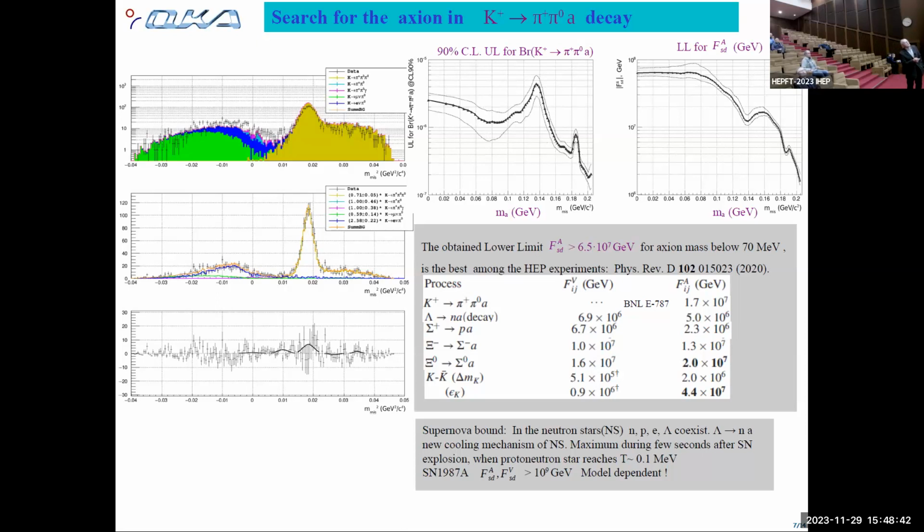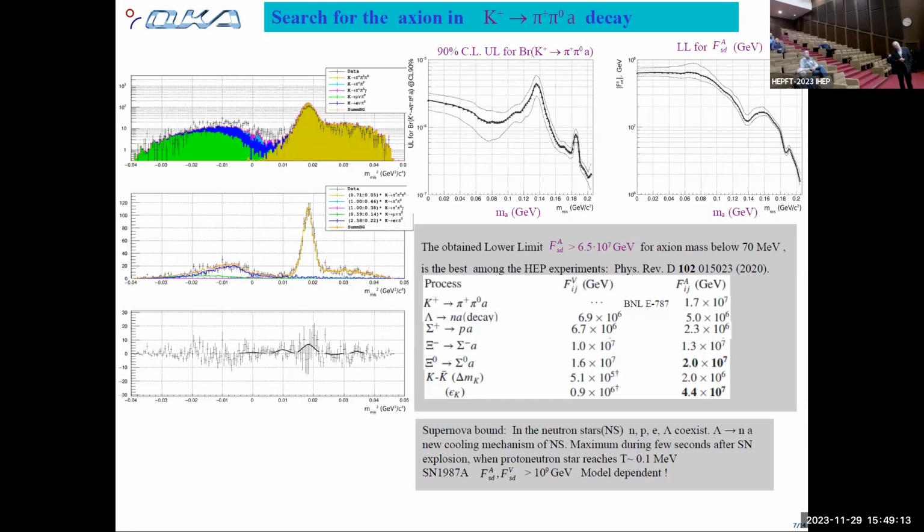This is 10 to the minus 6 and 10 to the minus 7. So this corridor is systematic errors, and as I mentioned, from this upper limit on branching, you can derive a lower limit for the effective constant F_SDA.